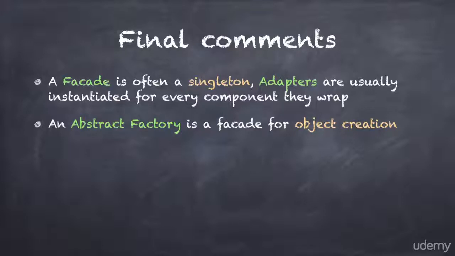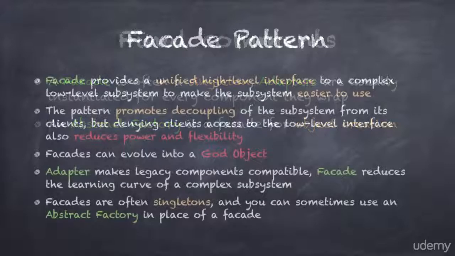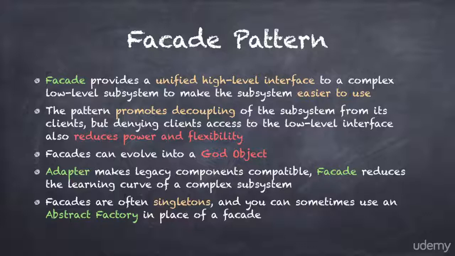Okay, let me conclude with a summary of what we have learned in this lecture. The facade pattern provides a unified high-level interface to a complex low-level subsystem to make the subsystem easier to use. The pattern promotes the decoupling of the subsystem from its clients, but denying clients access to the low-level interface also reduces power and flexibility.